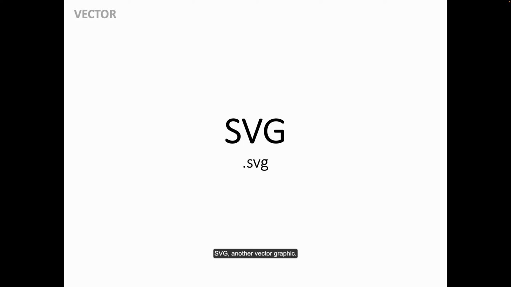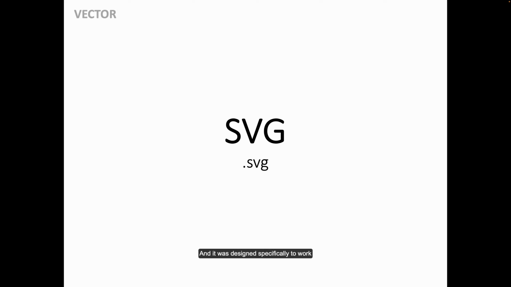SVG, another vector graphic. SVG stands for Scalable Vector Graphics, and it's fairly new in terms of file format options. So this is probably our newest one out there. It was created in 2001 by the World Wide Web Consortium as a standard for web graphics.